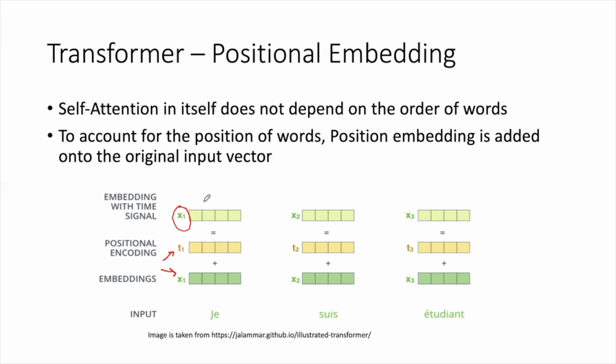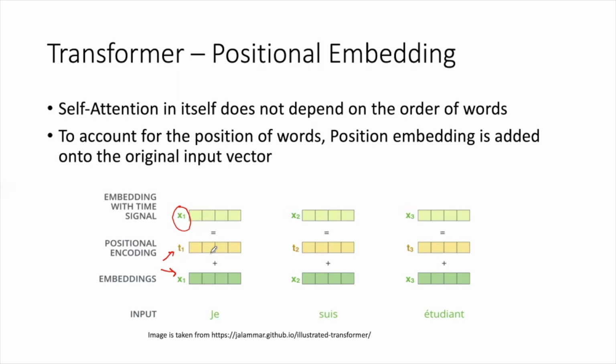Now there are different ways in which these position embedding vectors at each position are fixed or derived. There's a concept called sinusoidal position representation, which gives a fixed representation at each position. We also have learnable position representations, which are also used.